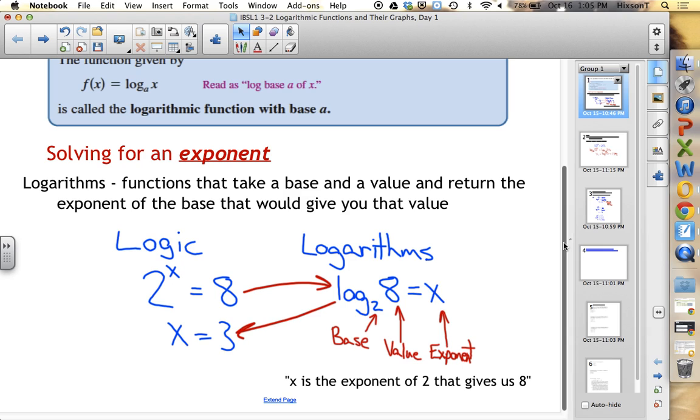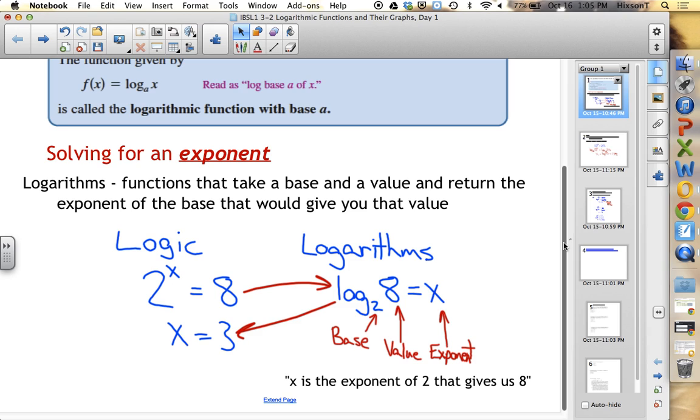Alright, so let's look at the logic behind this, and then we'll see how a problem that we could solve logically can be translated into a logarithm. If I gave you this equation, 2 to the x equals 8, all of you, if you thought about it enough, could figure out, oh, x would have to be 3, because 2 to the third power is 8.